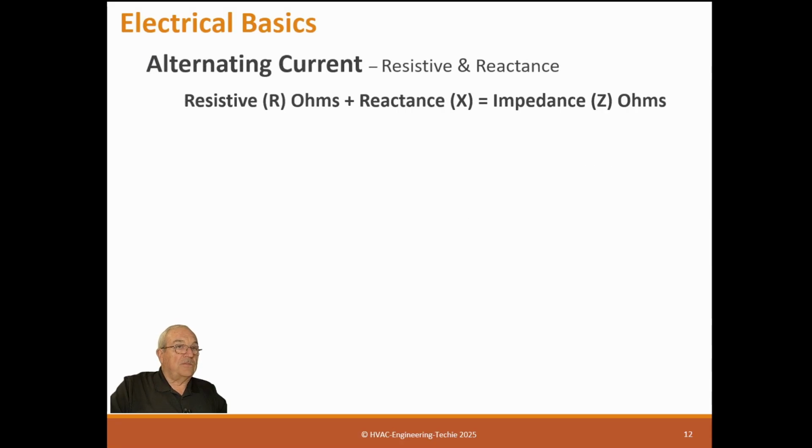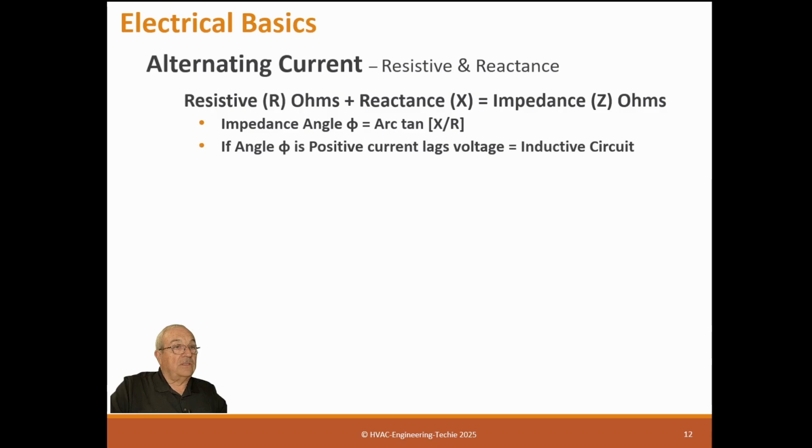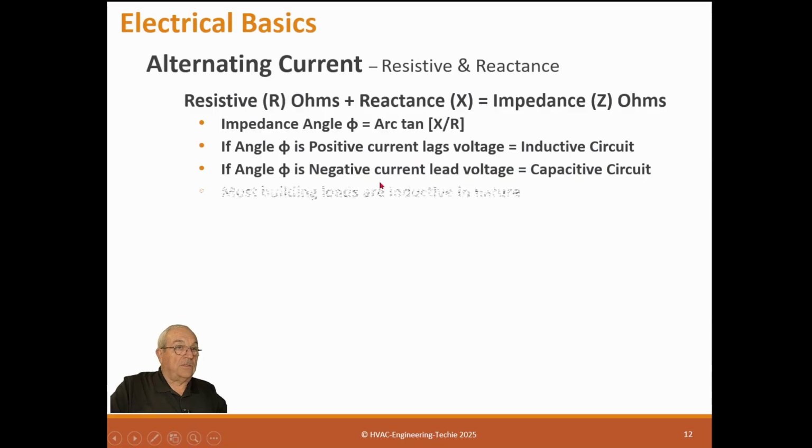Alternating current, resistance, reactance. The circuit we've seen before was a resistive circuit. This is a reactance circuit. If the angle is positive, current lags voltage, then it's an inductive circuit. If the current leads voltage, then it's a capacitance circuit.